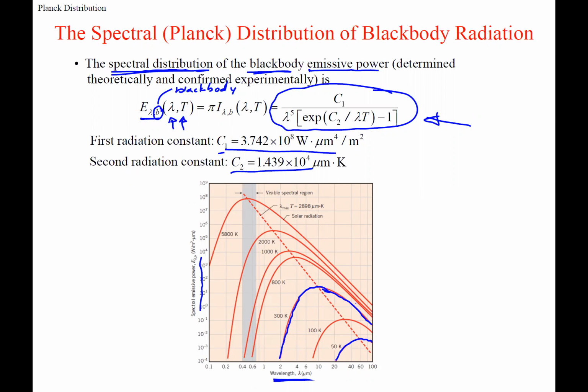If you keep making these lines, we can go all the way up to 5,800 Kelvin, which is the sun entering the Earth's atmosphere, and we get that curve. So that's the emissive power as a function of wavelength at a given temperature: 50 Kelvin, 300, 5,800.